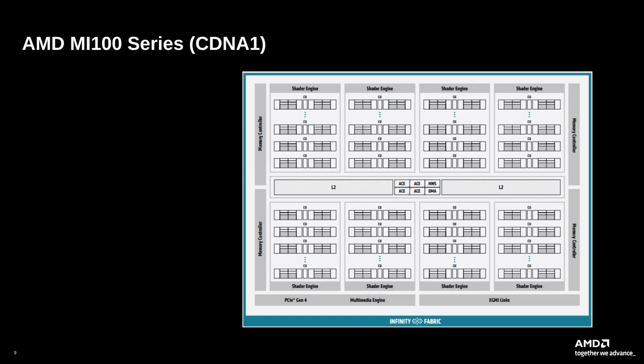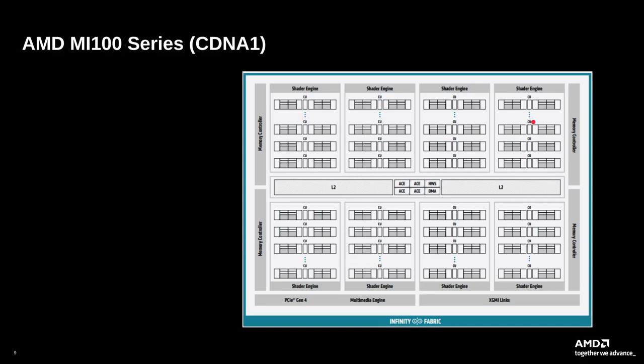The GPU is comprised of 8 shader engines, and each shader engine has 15 compute units, giving 120 compute units in total. The global memory size is 32 gigabytes with a peak memory bandwidth of about 1.2 terabytes per second. The L2 cache is 8 megabytes in size. It's shared across the entire chip.